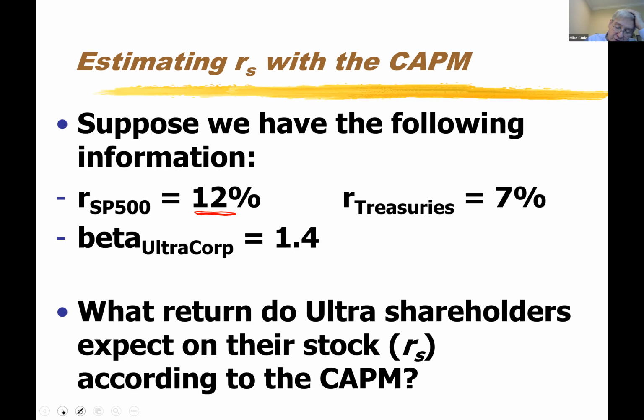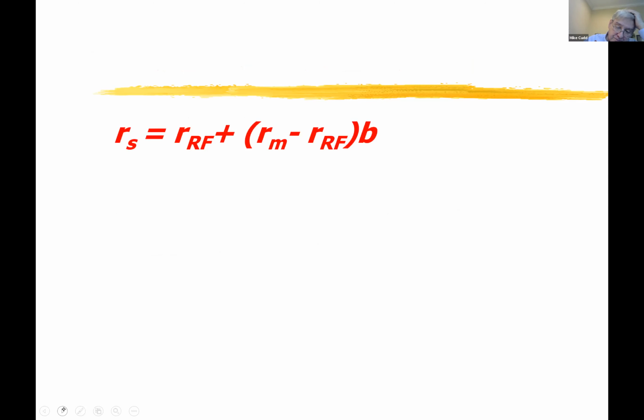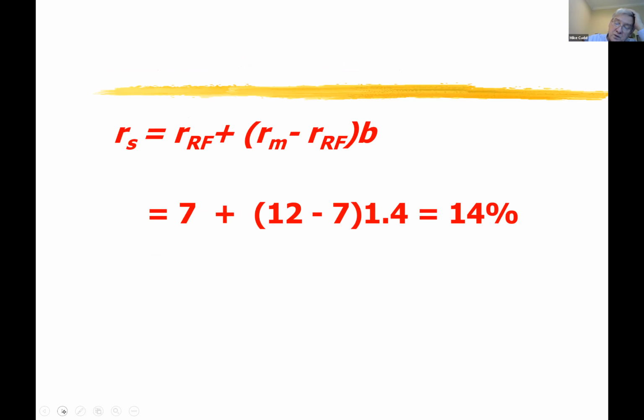Well, we run it through the CAPM model. There's your CAPM model. The risk-free rate, which is usually the yield on Treasury securities, is 12%.